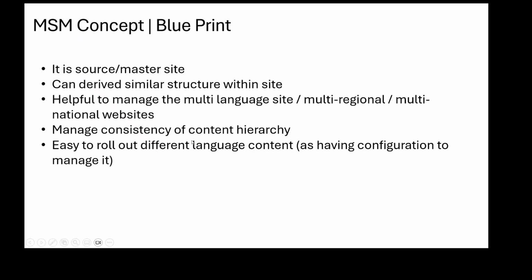It is providing a feature that will help us to manage the consistency of the content. As we know, the English language, though we are having it under the blueprint hierarchy, could be used by any of the region or national hierarchy.